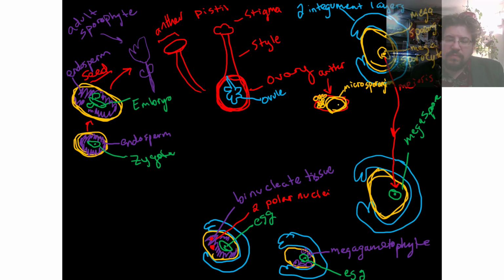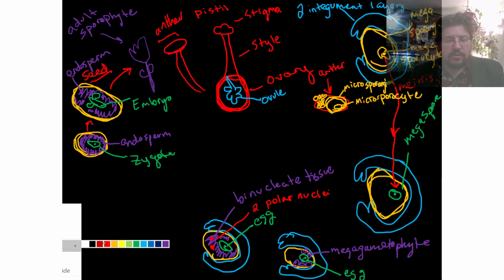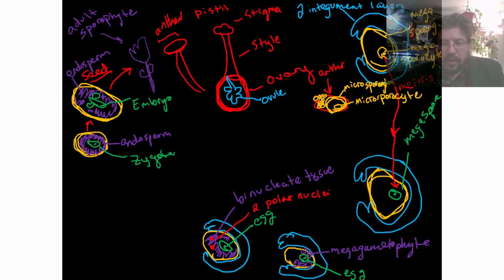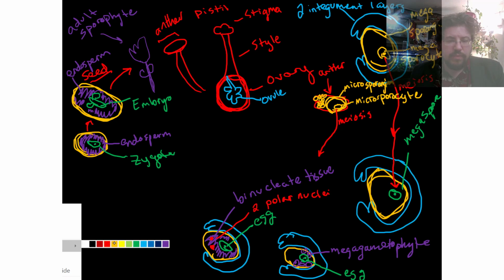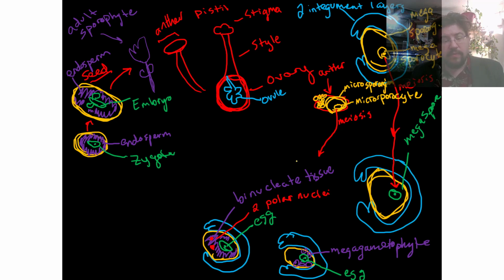The microsporangium produces the microsporocyte. The microsporocyte undergoes meiosis. And we get a microspore. Well, 4 of them.